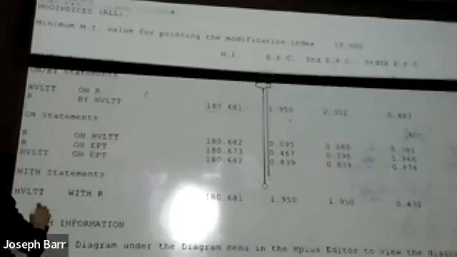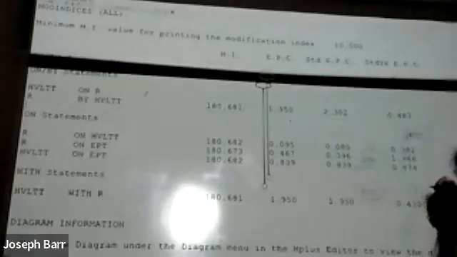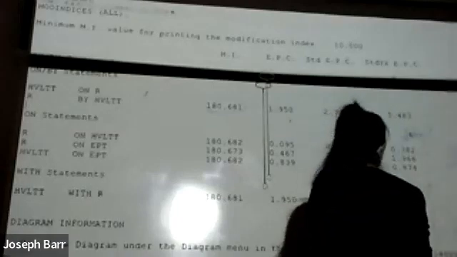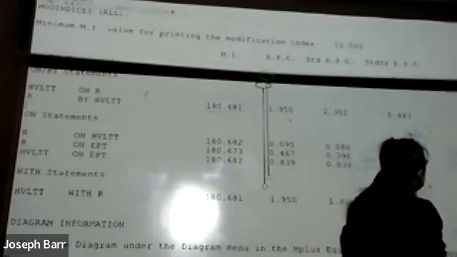The ON statement: R on HVLTT. In this case, it's just the reverse. So it's this direction, the same path but with a different direction. That means that memory ability is going to influence the reasoning ability. That makes sense, I think.